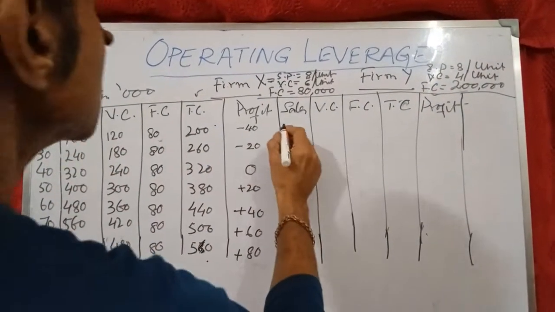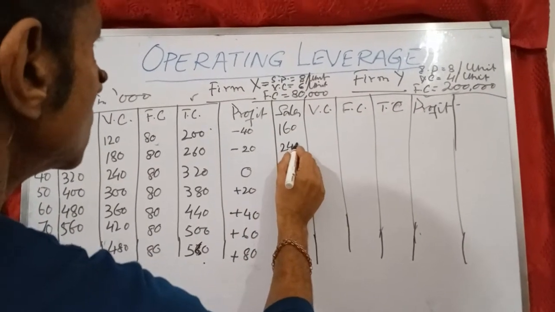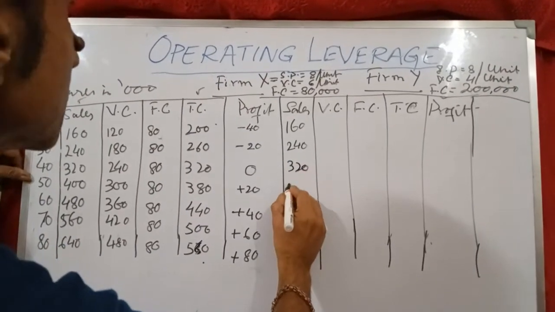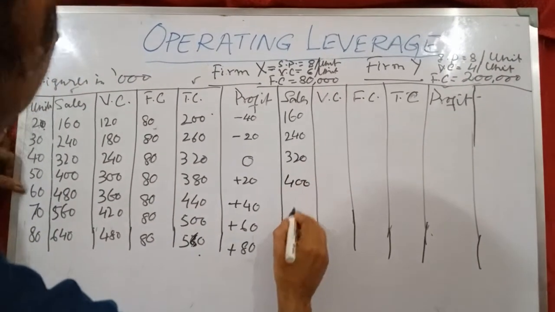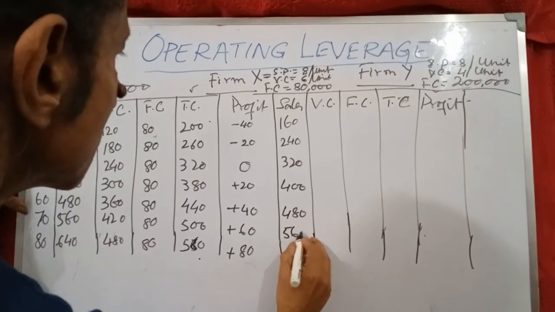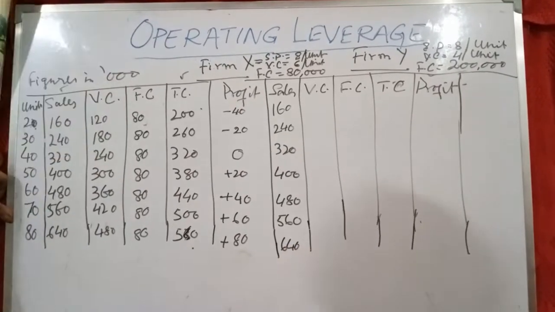Same. 160, 240, 320, 400, 480, 560, and finally 640.